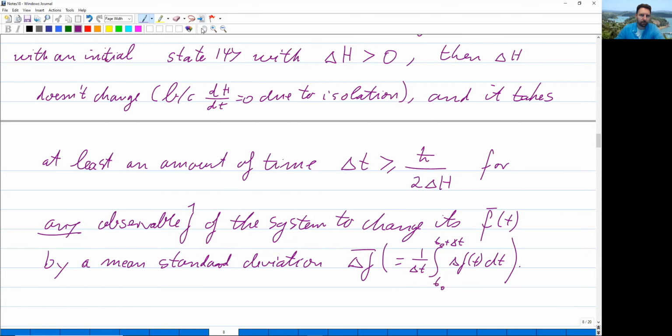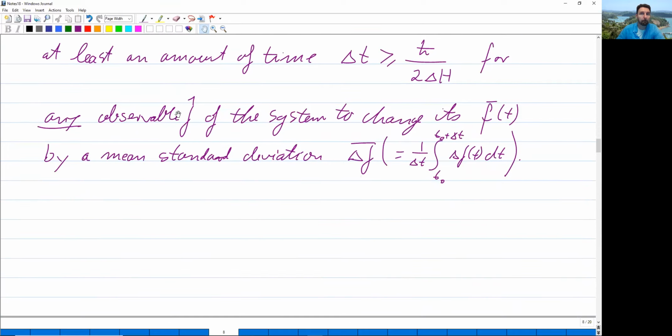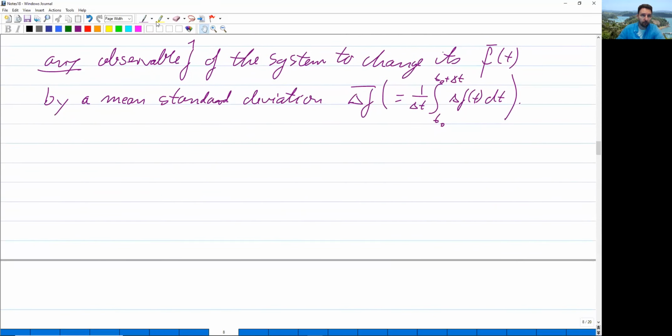The time energy uncertainty principle is having some surprising consequences.